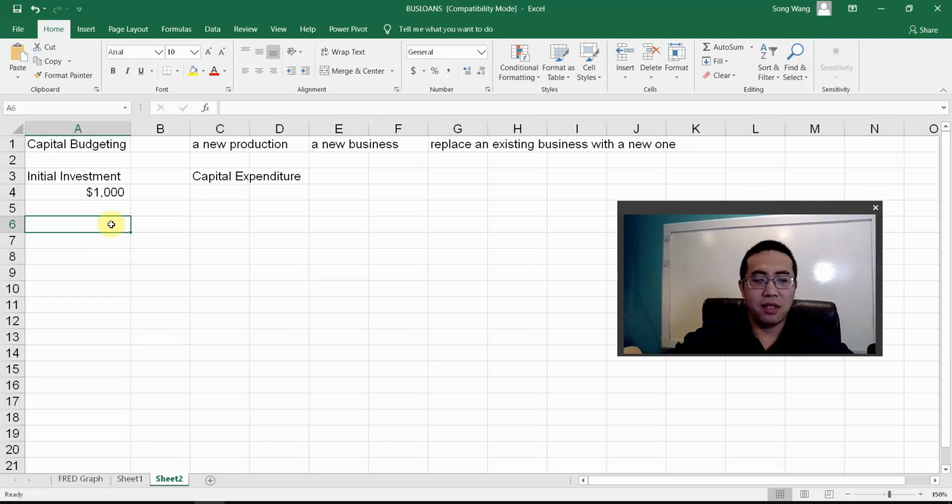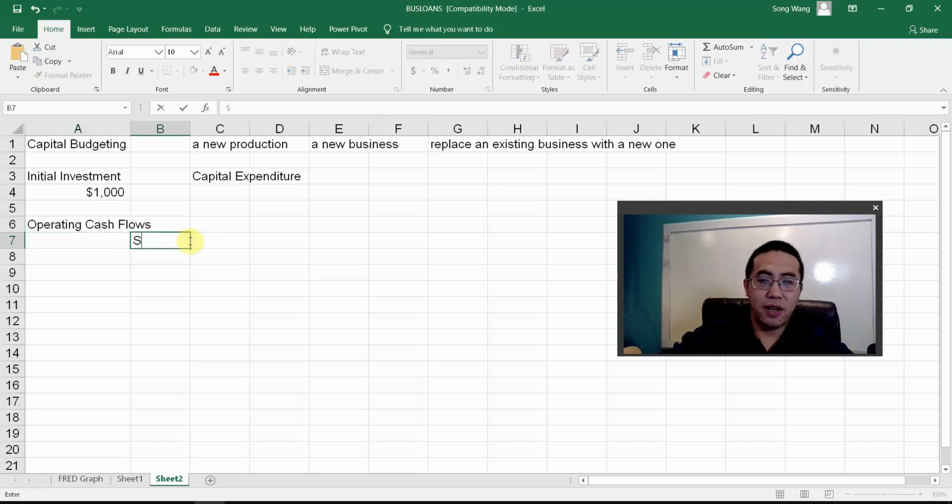Aside from the initial investment, I should also calculate my operating cash flow. And you see, the keyword here is cash flow, which means if it's about depreciation, I will not count it in. So how do I count operating cash flows? First of all, I need to make sales to my customers, either by providing my services or selling my final product.